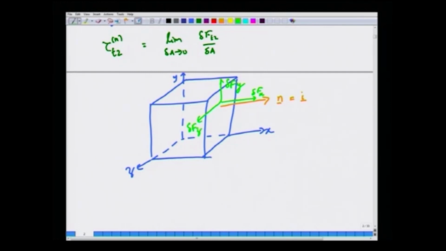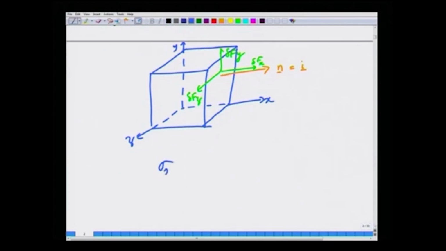So, we can write the 3 components of the stresses, the force per unit area, as follows: sigma x x. Let me write the 2 x's in 2 colors, and I will explain the reason.